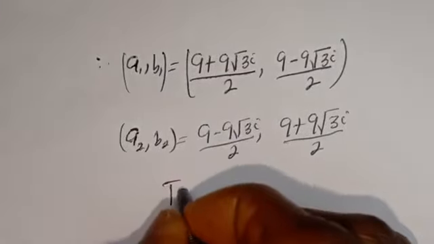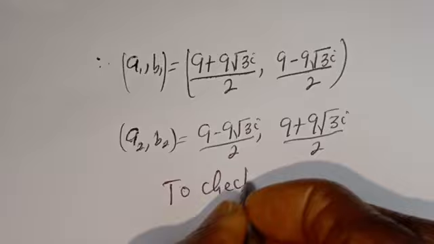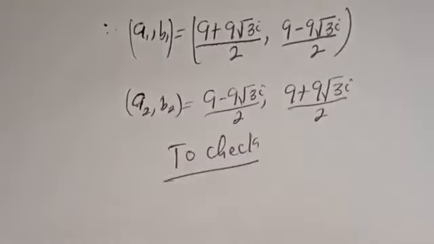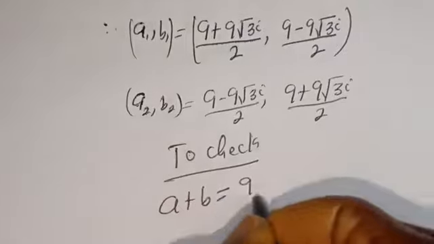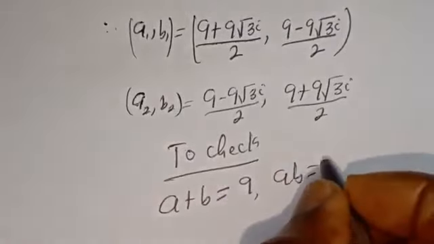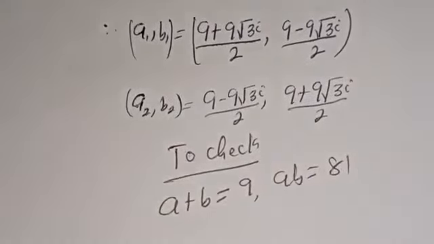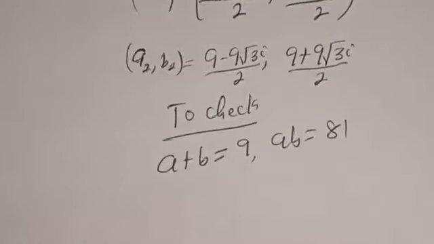Let's check. To check, we have the given equation. a plus b is equal to 9. ab is equal to 81. Now let's see.